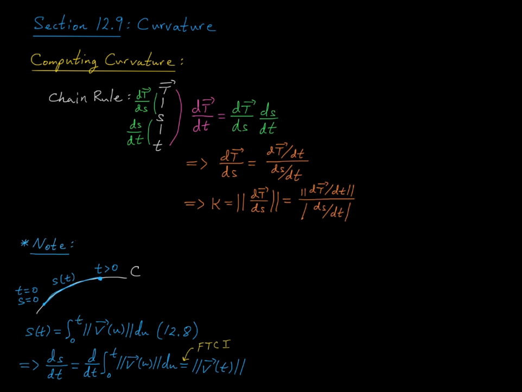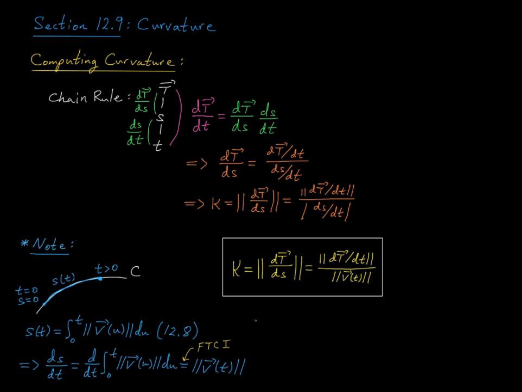In any event, if I want to find the rate of change of the arc length s with respect to time, I'm going to compute the derivative of this integral. And we know from the fundamental theorem of calculus version 1 that that gives us just the integrand evaluated at the upper bound of integration. In other words, we recognize this as the speed of our particle that's moving along our path.